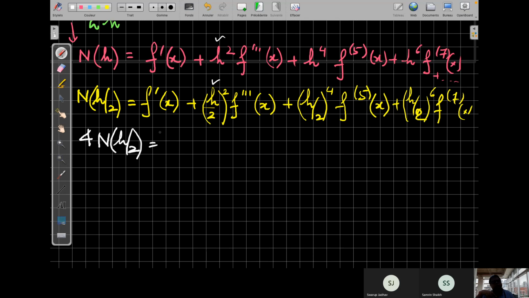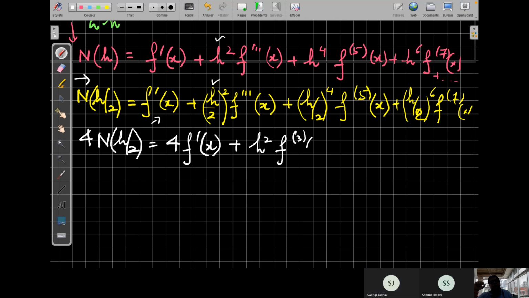No, not 2NH. Consider only this expression, 4 into N of h by 2. What will happen? 4 times f dash of x, and then, as Samreen said, this will become x square, right? Yes, sir.